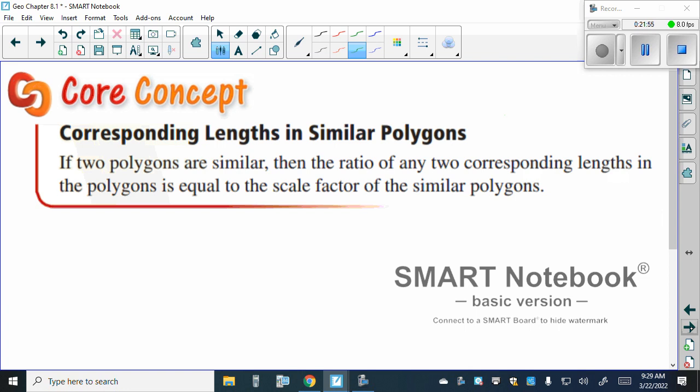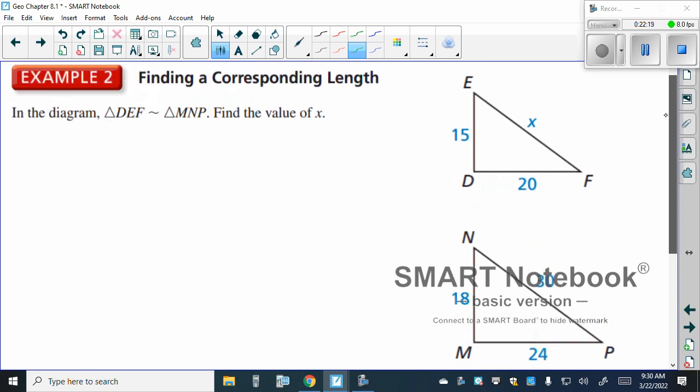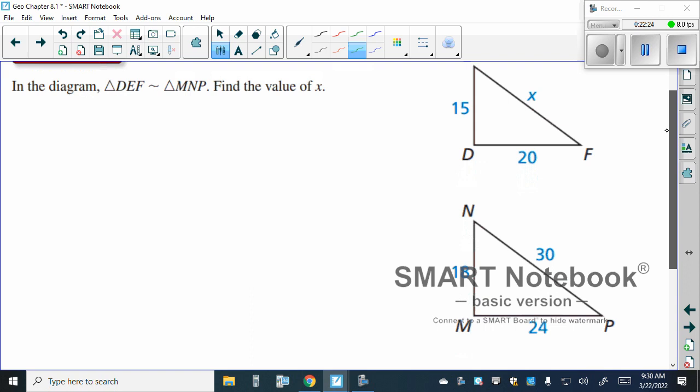All right. That actually brings us to the next part of this lesson here. If two polygons are similar, then the ratio of any two corresponding side lengths in the polygon is equal to the scale factor of the similar polygon. All the side lengths are going to have the same scale, as we already saw, yes? So, if we look at this here, DEF is similar to MNP.